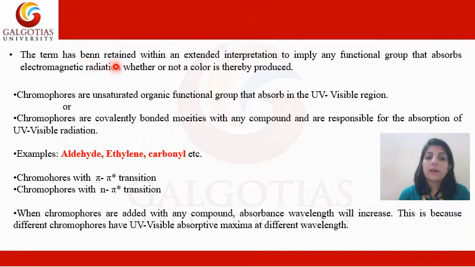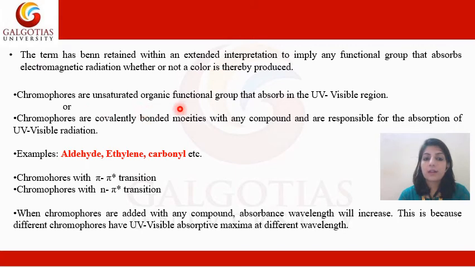Now, the term has been retained with an extended interpretation to imply any functional group that absorbs electromagnetic radiation whether or not a color is thereby produced. So further, this saying is modified: any functional group which can absorb electromagnetic radiation is a chromophore.